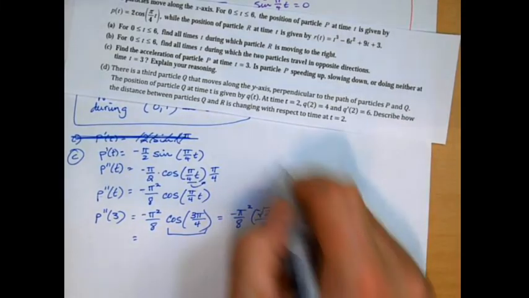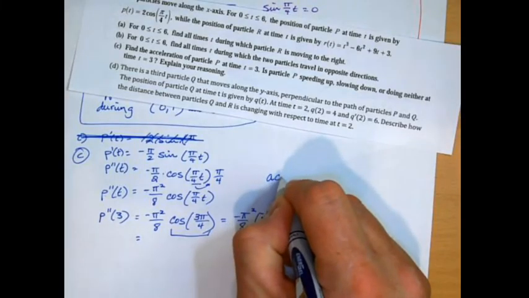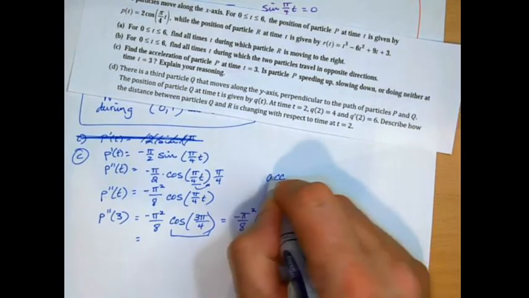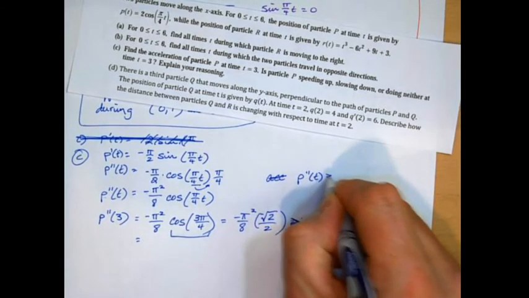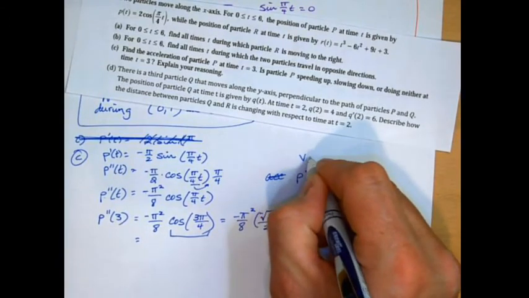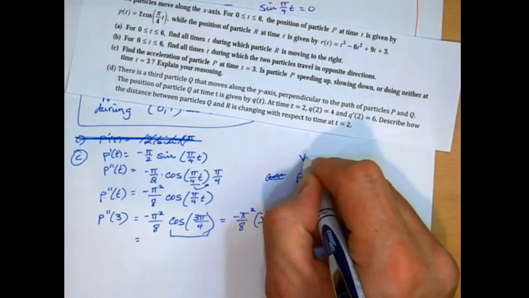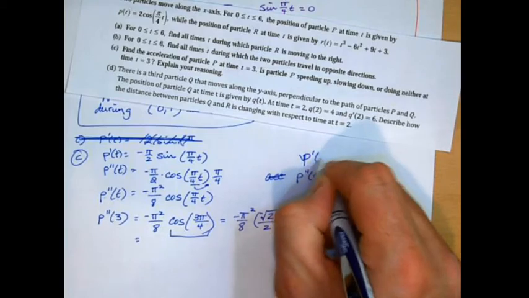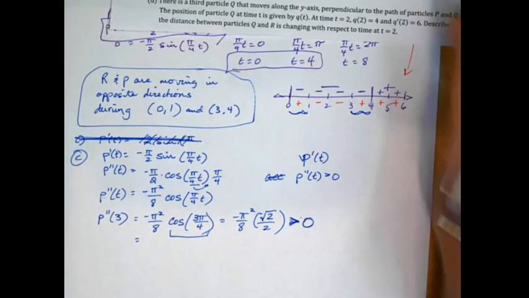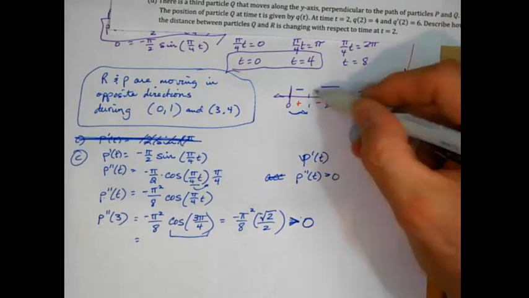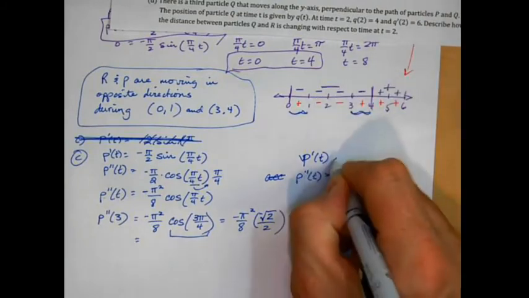So the acceleration, I guess we could say P double prime of t is greater than 0, where v, the velocity, is, what is the velocity at t equals 3 of P? Well, that's negative from up there.